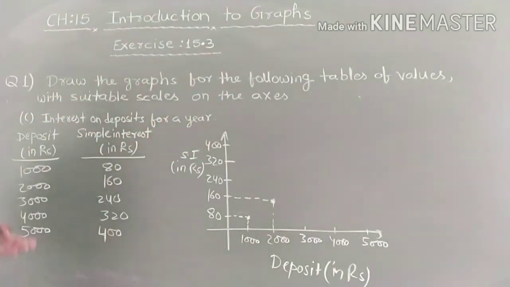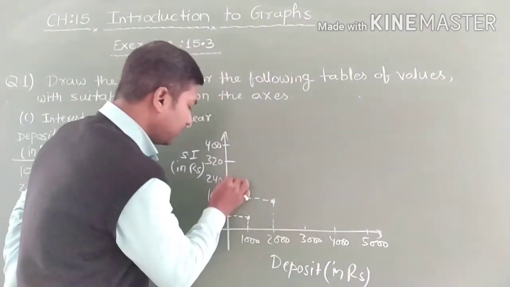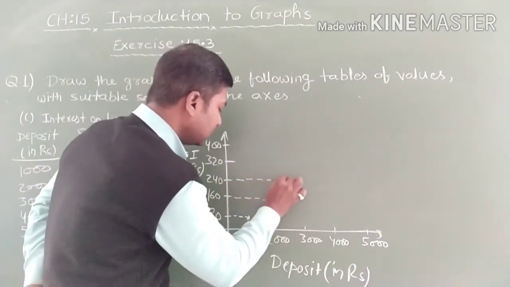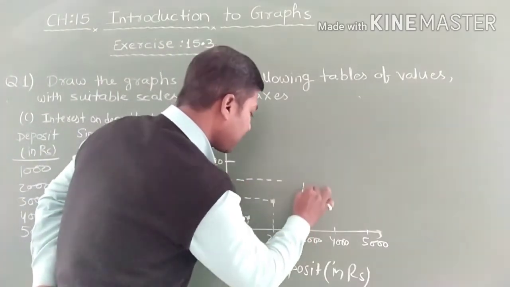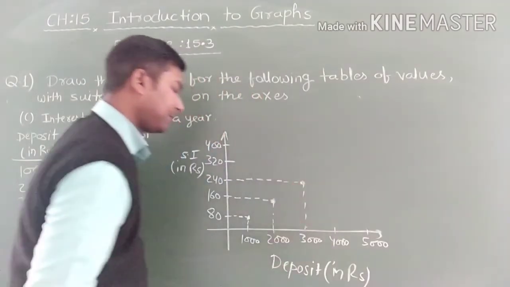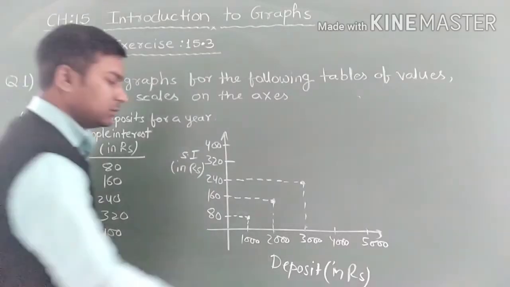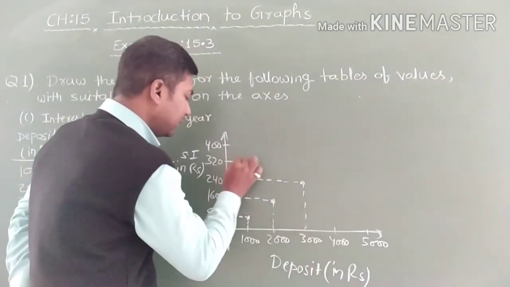Now next one, 3,000 and 240. So this is 3,000 and this will be 240. Now next one, 4,000 and 320. So this is 4,000 and this will be 320.